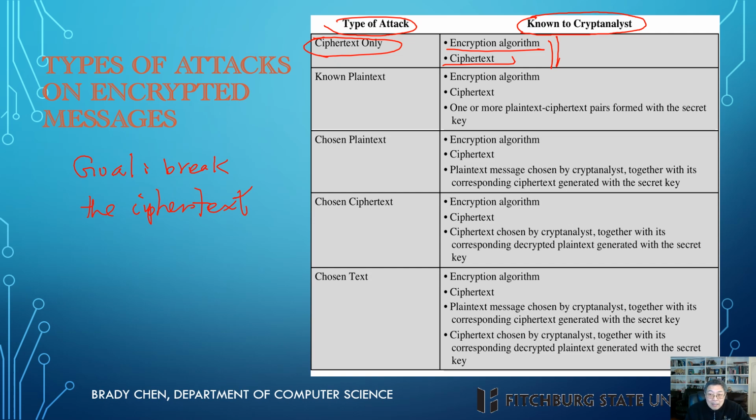However, in many scenarios, the cryptanalyst knows these two pieces of information plus some additional information. The next one is known plain text. In this case, the cryptanalyst knows the encryption algorithm and the ciphertext, plus one or more plain text ciphertext pairs formed with the secret key.